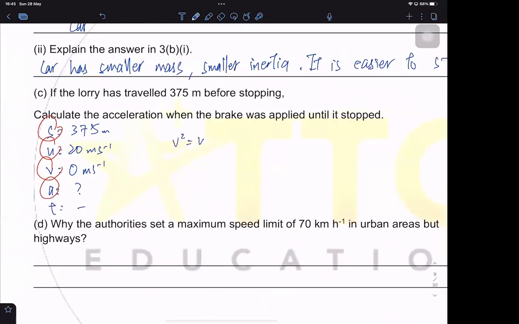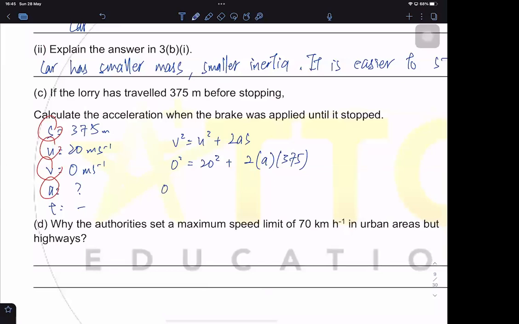Okay, V squared equals U squared plus 2AS. Right? So put in the numbers. 0 squared equals 20 squared plus 2 times A times 375. Okay? So 0 squared is of course 0.